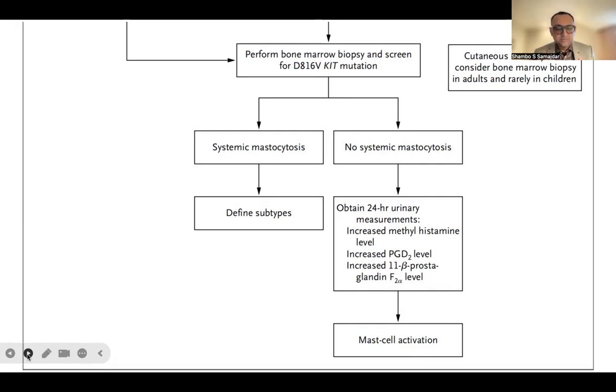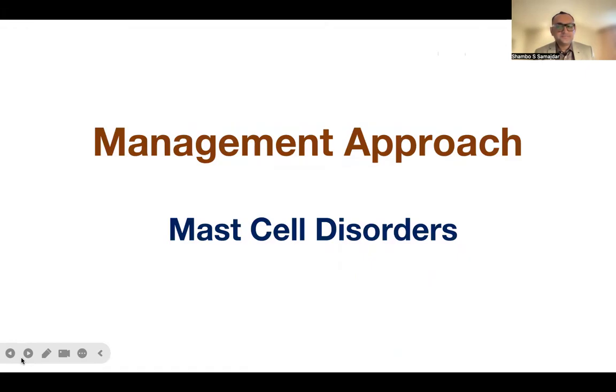That also tells us about the status of mast cell activation. And as we had already discussed, for cutaneous mastocytosis, generally we need to consider the bone marrow biopsy in adults if clinically indicated, but it is rarely required in children.